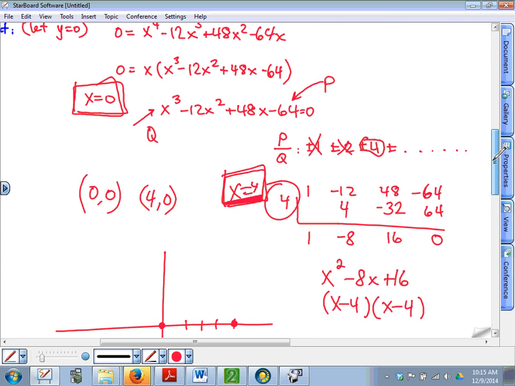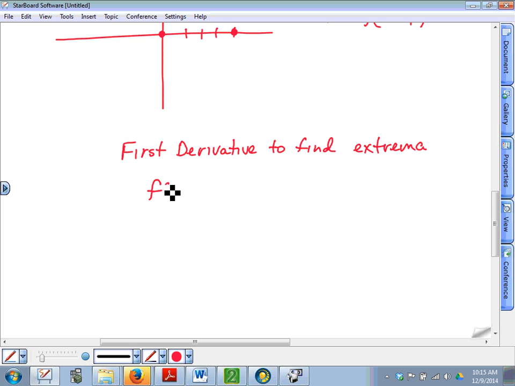So what was the original function? The original function was x to the 4th minus 12x to the 3rd plus 48x squared minus 64. Now we take the first derivative, f prime of x.